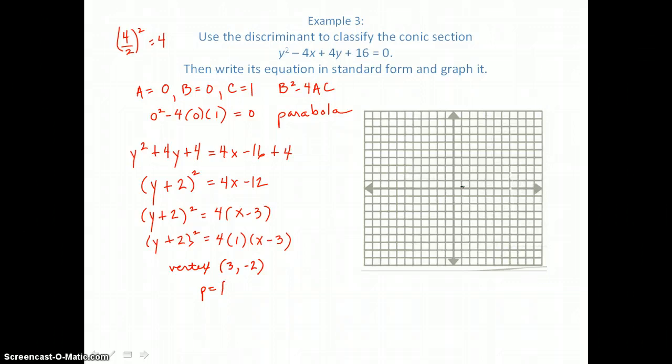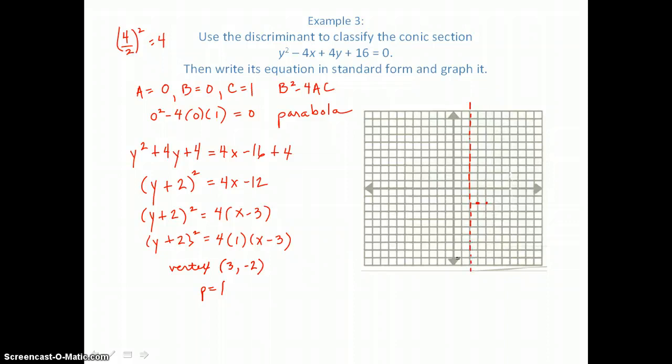So, graphing that vertex of 3, negative 2, and deciding whether this parabola opens up, down, left, or right. Since y is squared, I know it's opening left or right, and since p is positive, I know it's opening right. So p units, or 1 unit inside this parabola, is where I'm going to find the focus, and p, or 1 unit outside the parabola, is where I'm going to find the directrix.